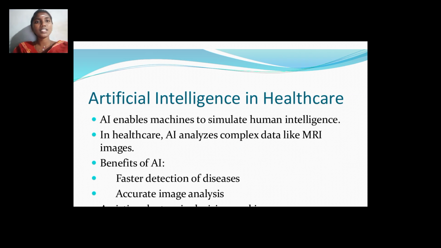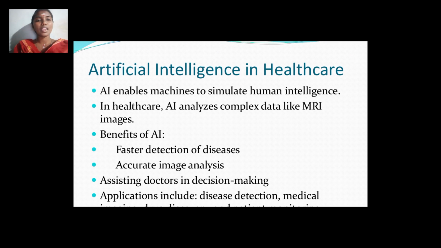Next, artificial intelligence in healthcare. Artificial intelligence means AI. It enables machines to simulate human intelligence. In healthcare, AI analyzes complex data like MRI images to predict tumors. The benefits of AI are fast detection of disease.